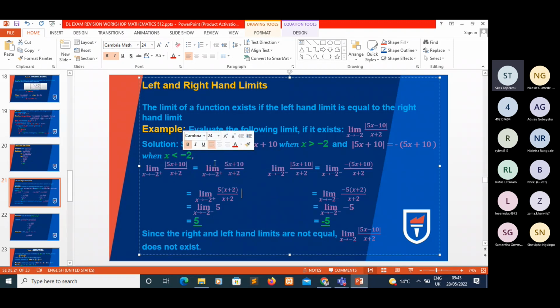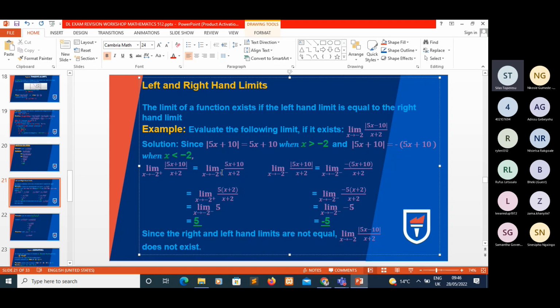For example, we can determine whether the equation you've got is continuous or not continuous. We say an equation is continuous, or has continuity, when the left hand side and the right hand side limits have the same value.